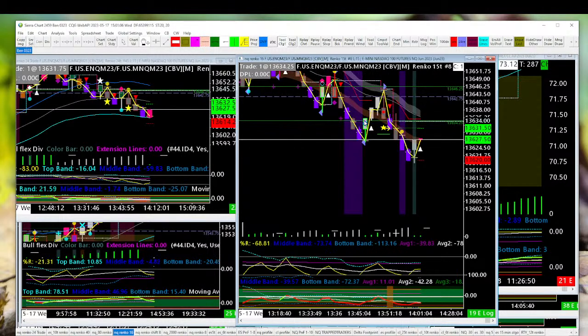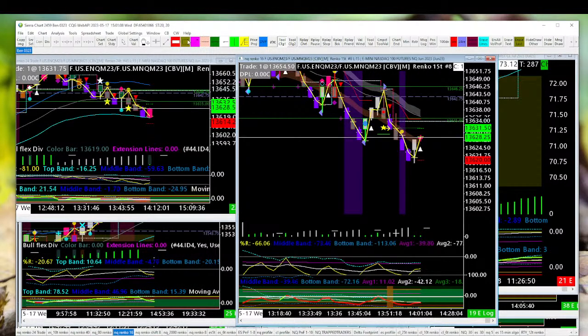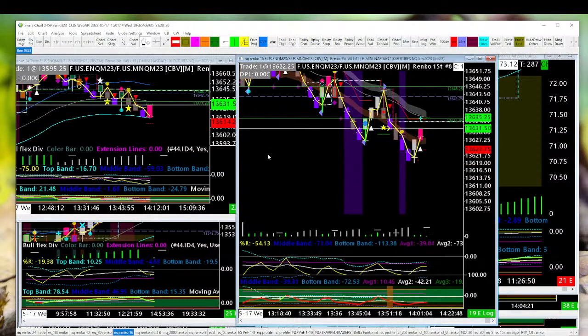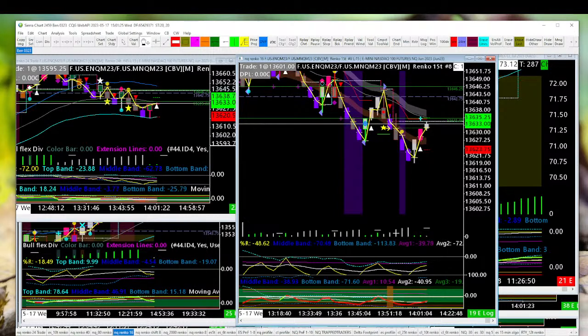If they take back this level and get the yellow volume line above that, it's done. It would be a little suspicious if they did it with a pink bar, but yeah, that runner might stop.